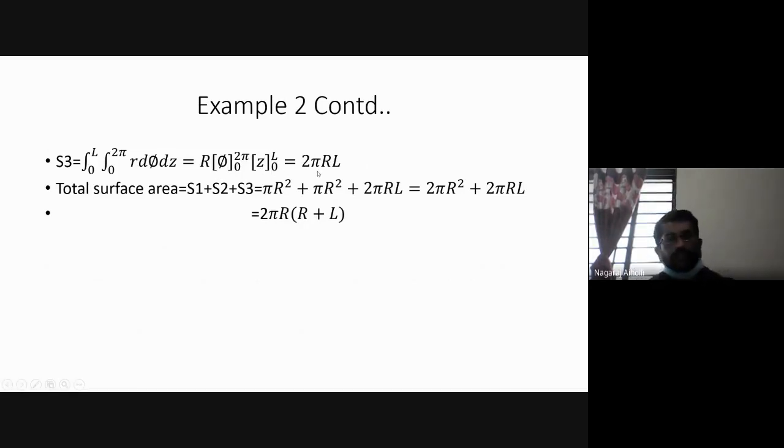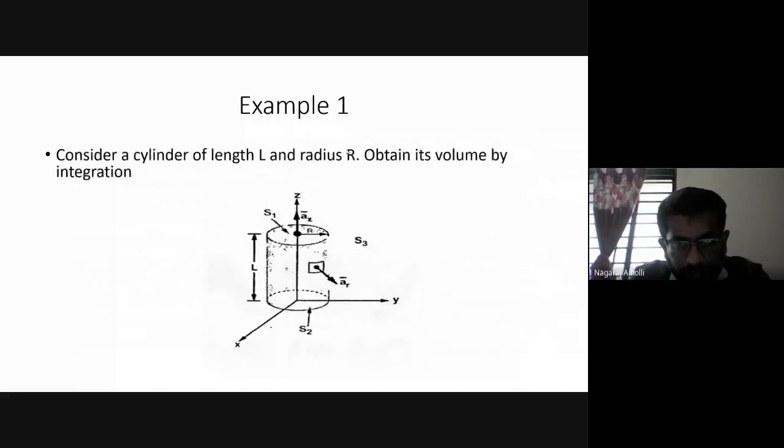Next, find out the total surface area. The total surface area will be the sum of the three areas: S1, this surface area, plus the bottom surface area, plus the curved surface area. S1 plus S2 plus S3. Find out that, students.